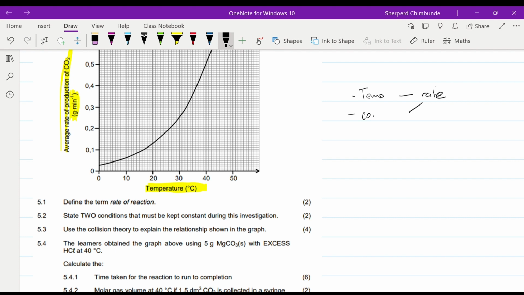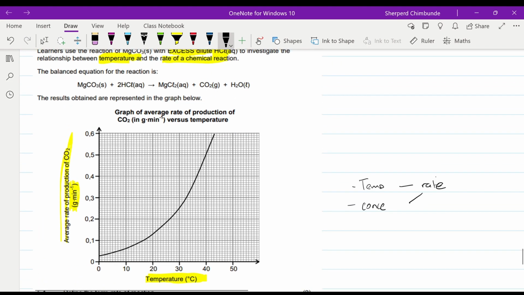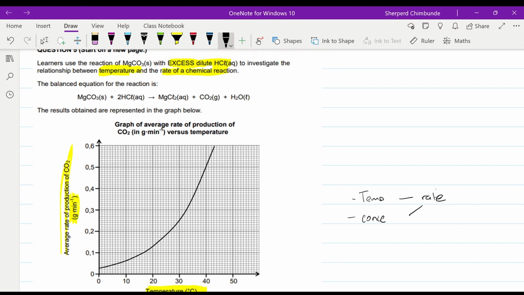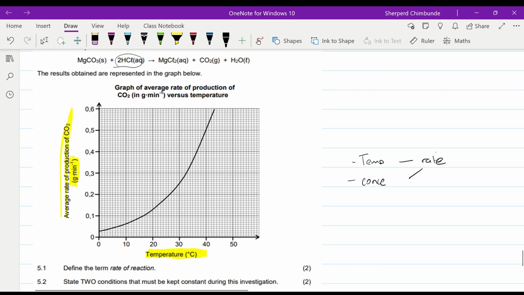It's also concentration. In this case, it will be the concentration of our HCl, which must remain constant. Otherwise, if it changes, then the experiment is not going to be fair. So the concentration must remain constant.